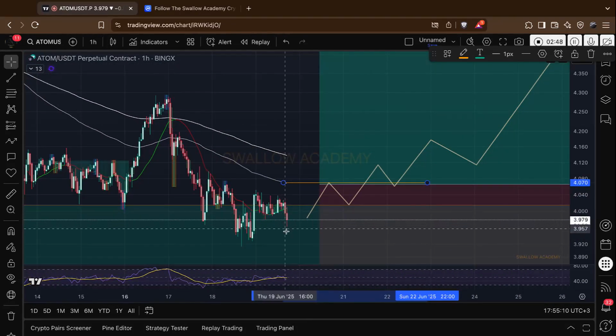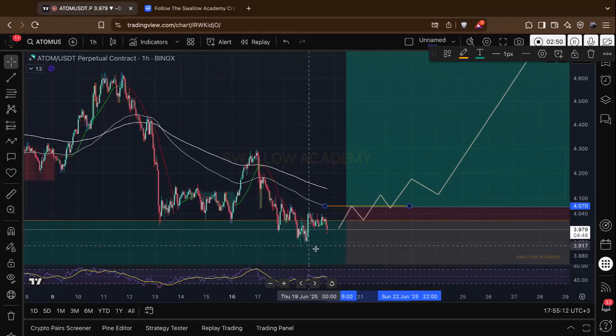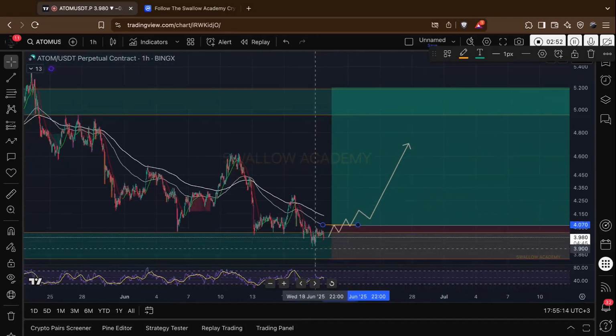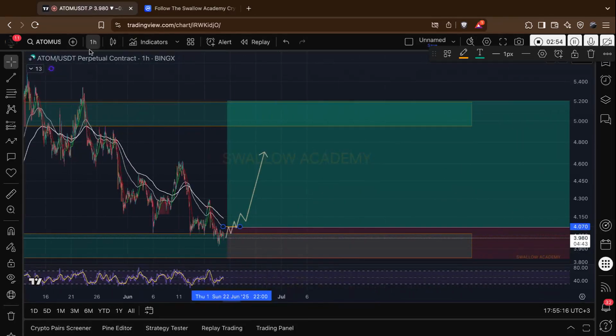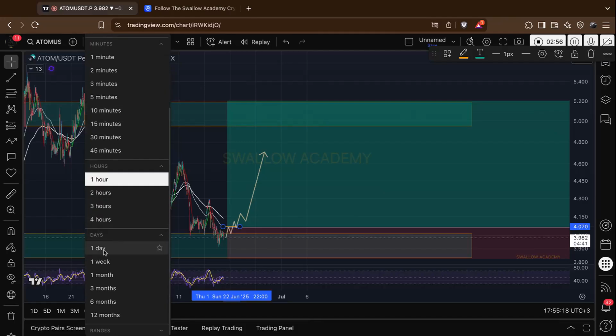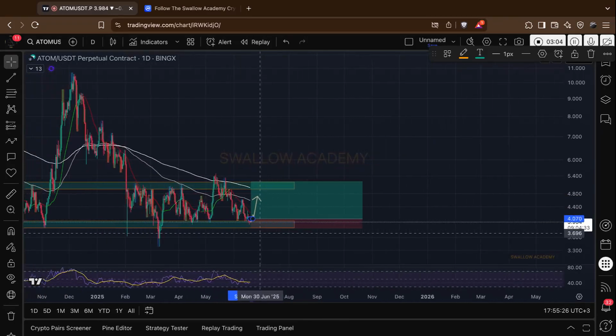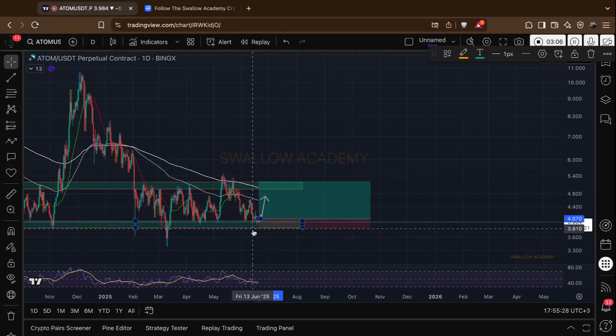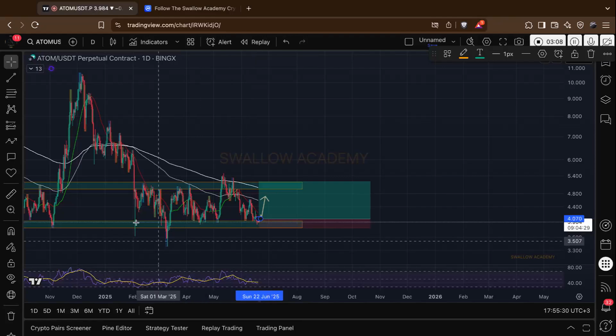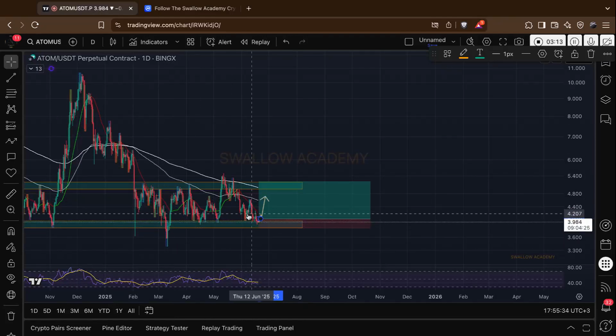Now we might see another movement to lower zones and just keep on tanking, but we don't think on the bigger time frame that we will see anything lower than, what was it, like $3.8. And if we even see something below $3.8, we might see a quick liquidity grab, then again movement to the upper zones.